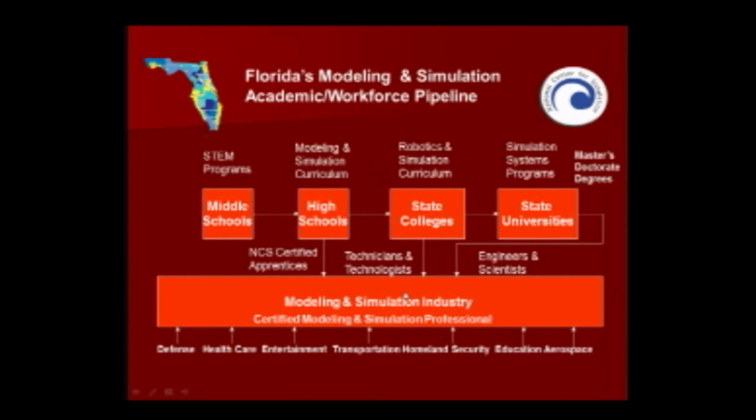This is our simulation industry that is made up of those industries that I mentioned throughout the presentation: defense, healthcare, entertainment, and transportation. And we have our feeder network, the middle schools, like those in Jacksonville, for example, that feed our high schools. And we at the National Center for Simulation are going to be developing a certification program for high school students, much like Microsoft or some of the others, that will enable high school students to have some part-time work in our industry.